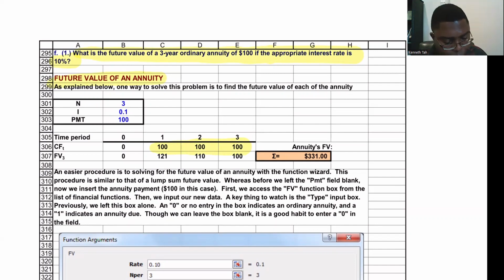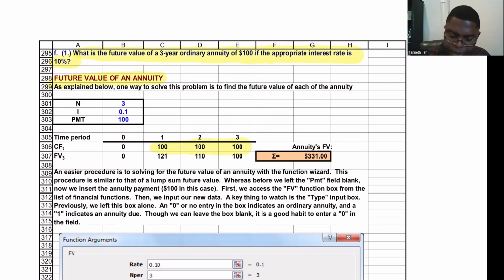So how do we go about calculating this problem? We can use the formula, we can use Excel, or we can use the financial calculator.